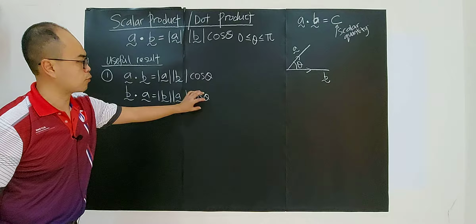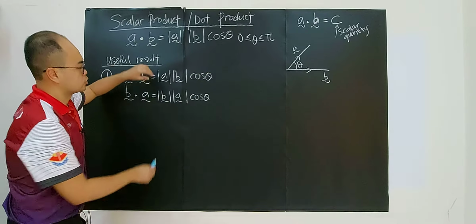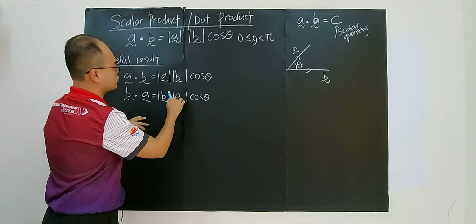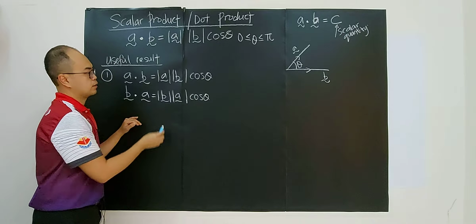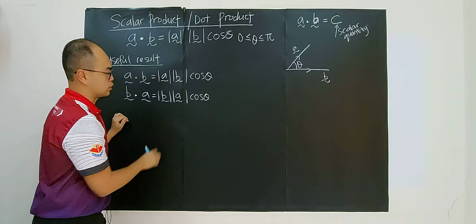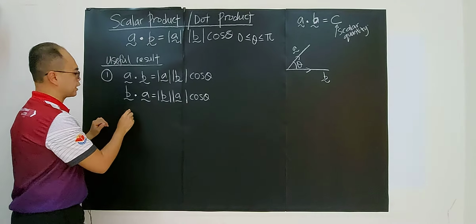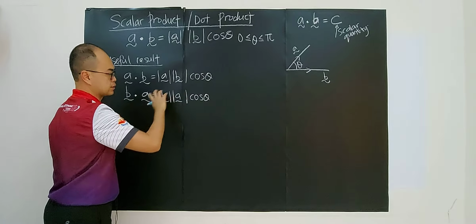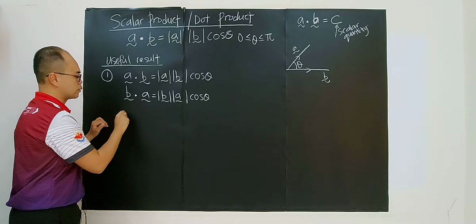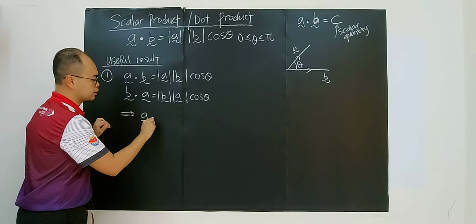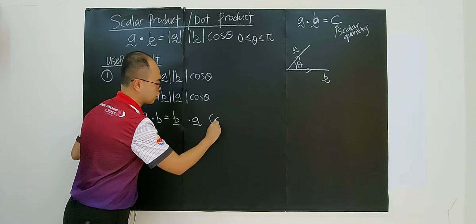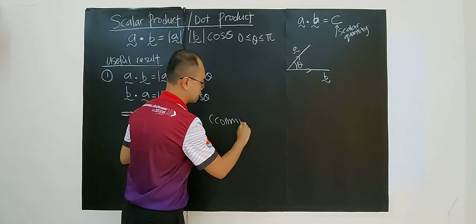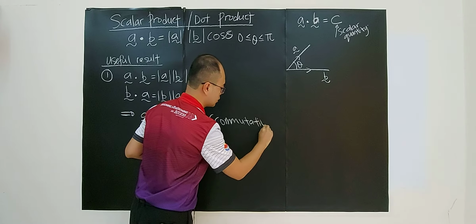This is a scalar quantity, so these two give you the same value. We just interchange the order, and it's just a number. So from this result, A dot B is also the same as B dot A. They are commutative.